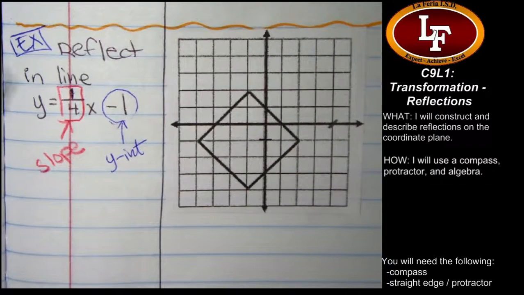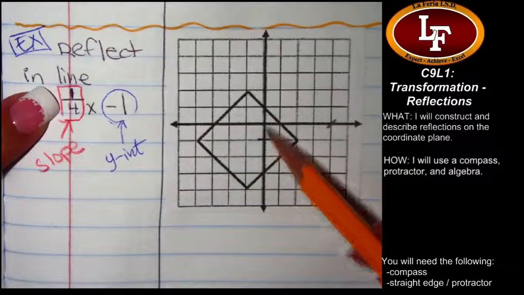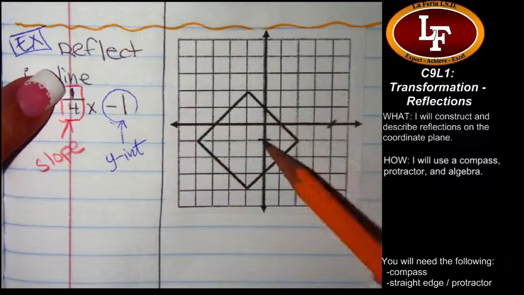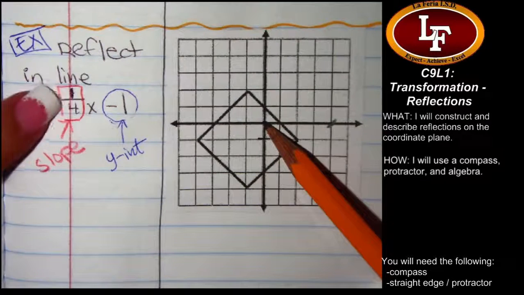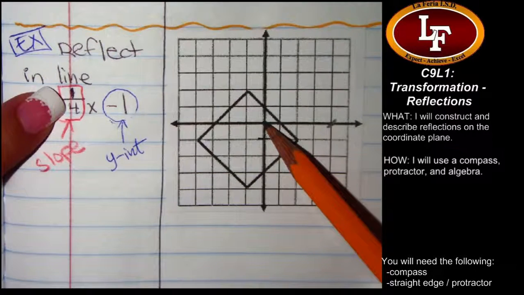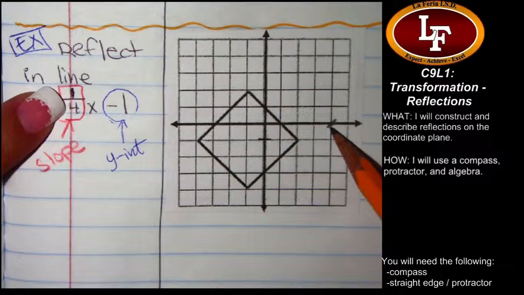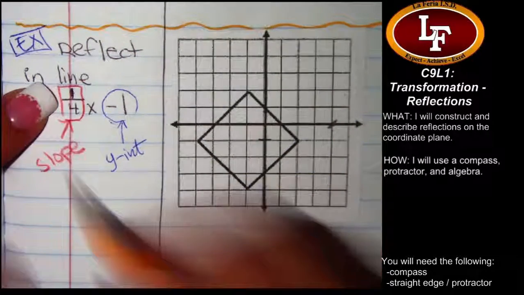Slope. Rise over run, from my intercept. So our slope is rise over run. From this point, I'm going to look at the numerator and go up 1, and then look at my denominator and go to the right 4. 1, 2, 3, 4. Why are we going up one? Because that's what the slope says. Slope is always rise over run.